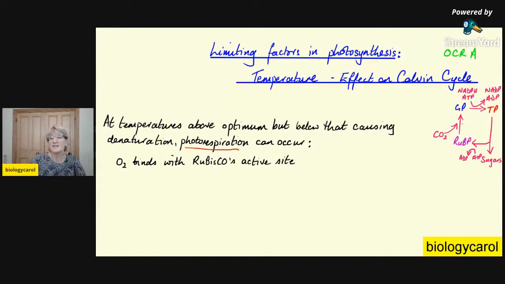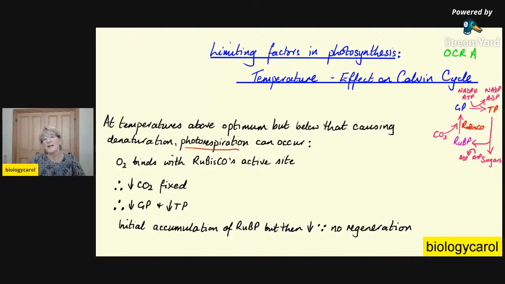This is where, instead of carbon dioxide binding with RuBP in the active site, being catalyzed by the enzyme Rubisco, oxygen does. That means there is reduced carbon dioxide being fixed into GP, and therefore less GP and less TP produced.